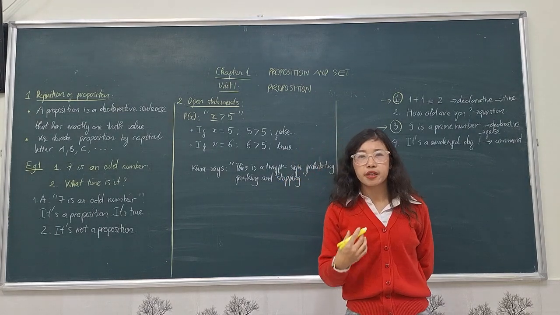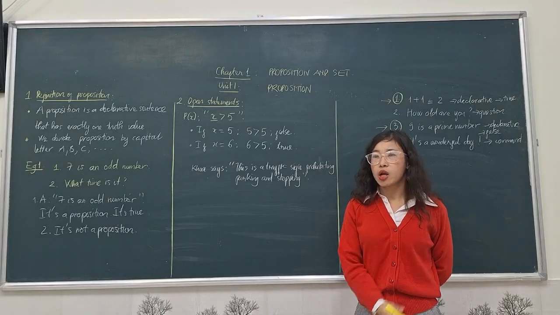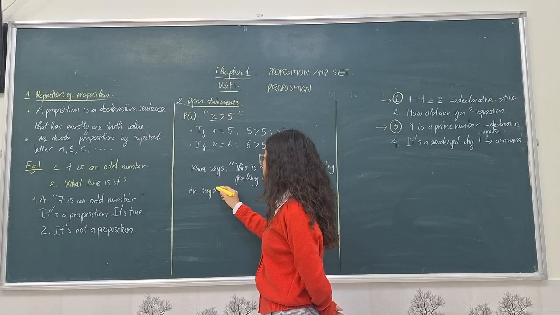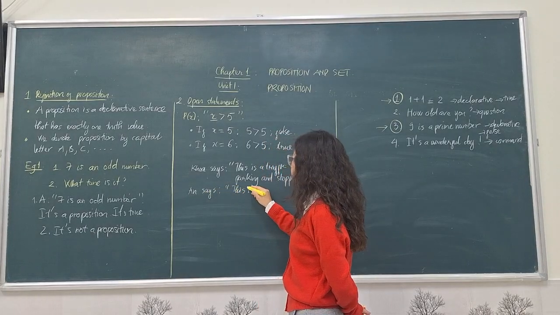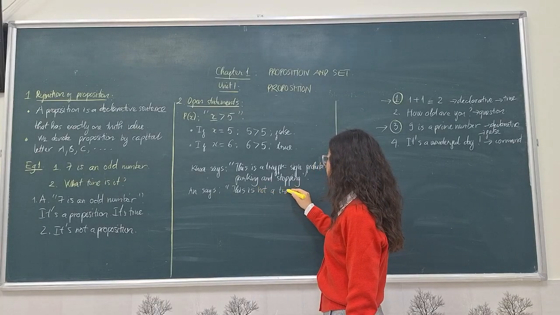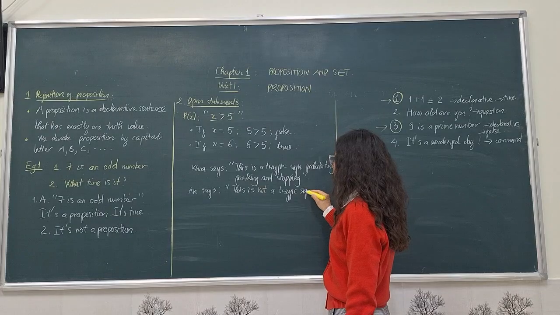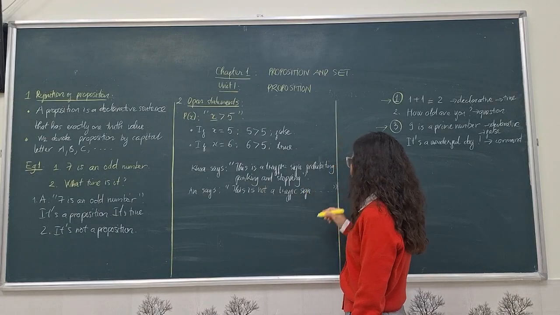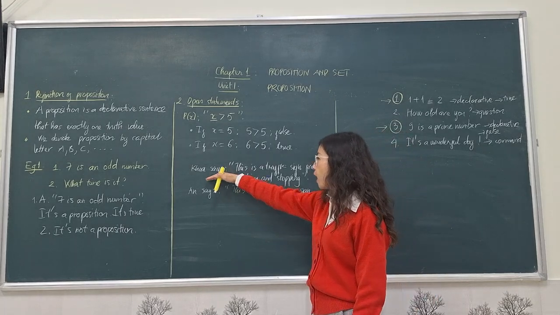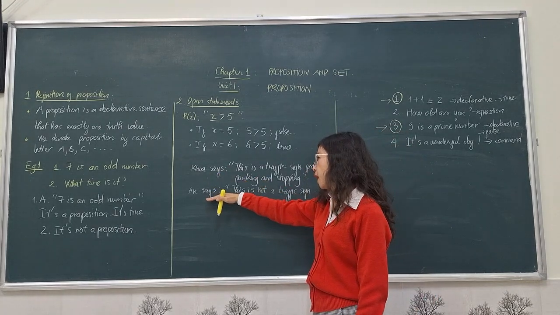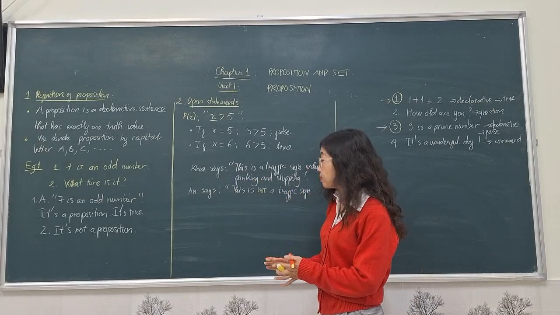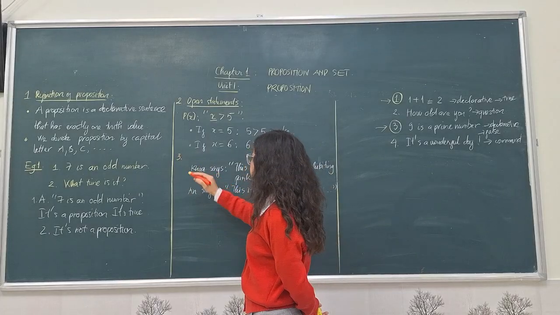But Anne doesn't agree with Inquire. So what could Anne say? Anne can say this is not a traffic sign prohibiting parking and stopping, right? So we see the opposite side between Inquire and Anne. The sentence Anne says is the negation of the sentence Inquire says. So let's move on to explore the next part, negation.